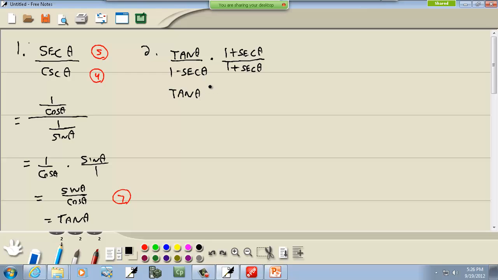So we'll have tangent theta next to 1 plus secant theta. Now down below, these are conjugates. Conjugates, the first and the second are the same, the sign in the middle changes. Here's 1 and secant, and this one's negative, this one's positive. When you got conjugates, all you have to do is multiply your first parts together, so 1 times 1, and your last parts. Negative secant theta times secant theta is negative secant squared theta.